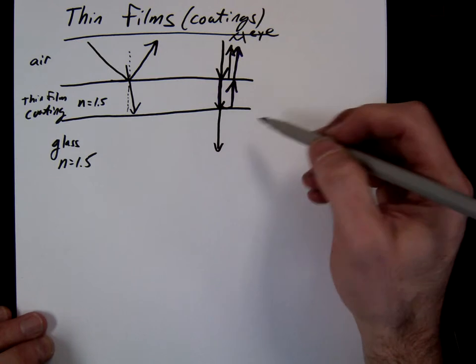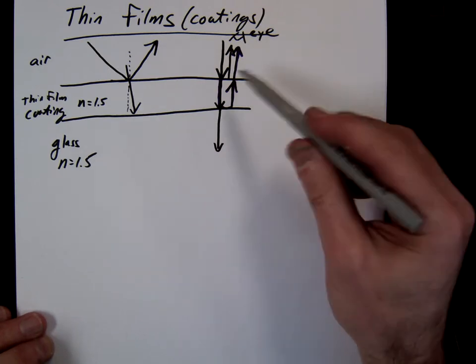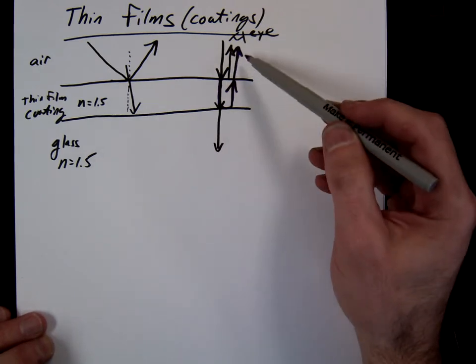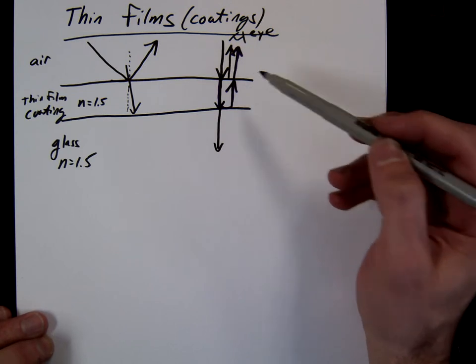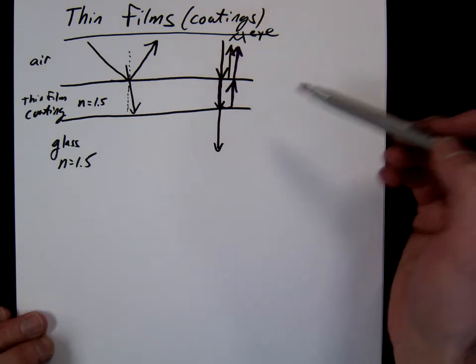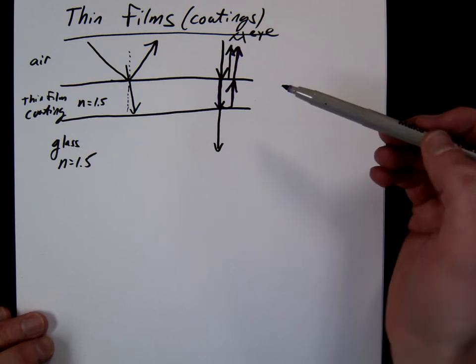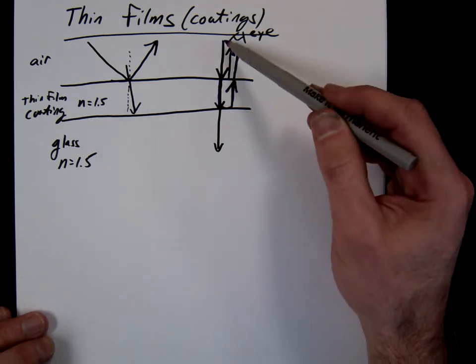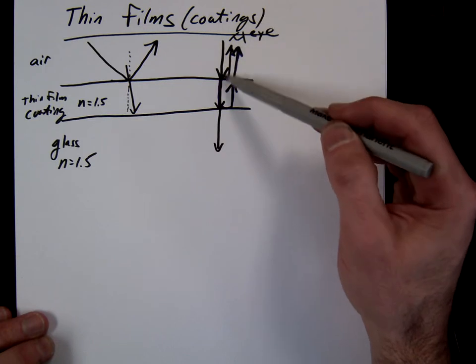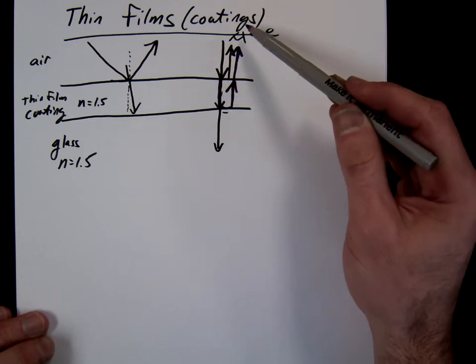Oh well. So the second one is purple, the first one is black. When these two beams come together, notice they are traveling two different distances. Which one's traveling farther, the purple or the black? The purple one, because the black one's just going up and back, and this one's going all the way down and back up.